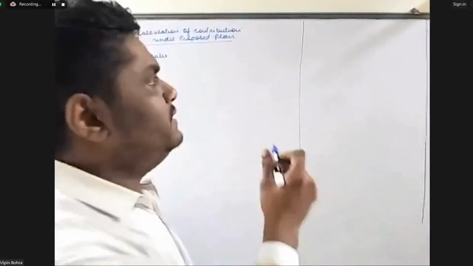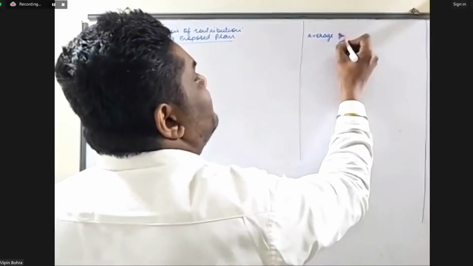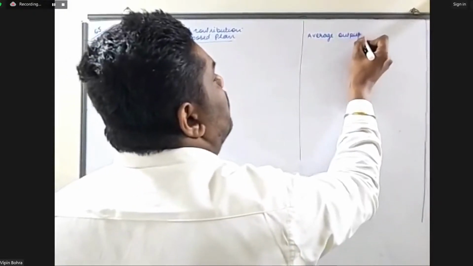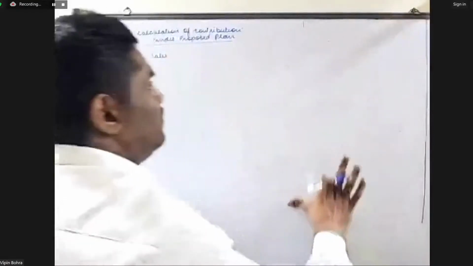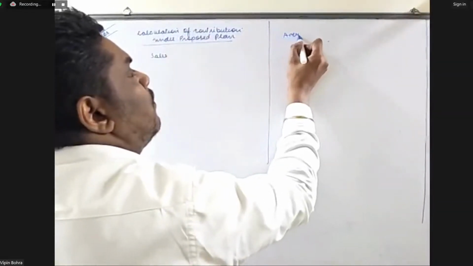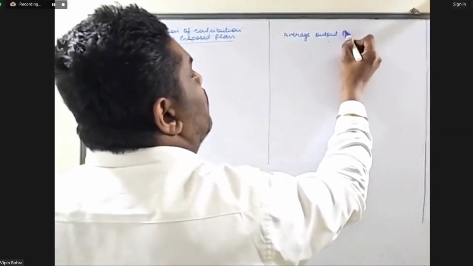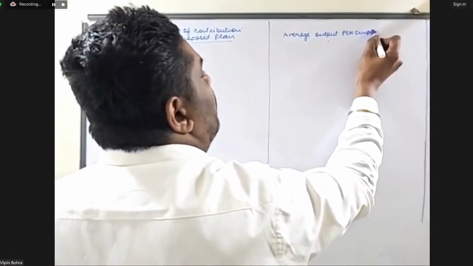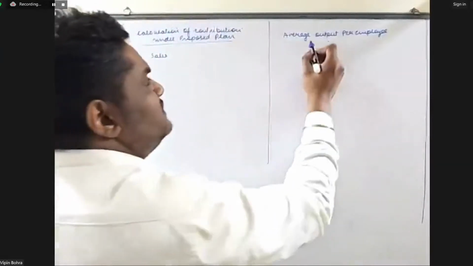So average output is 48,000 units with 160 employees. Average output per employee: currently, how much is it? 48,000 units divided by 160 employees.